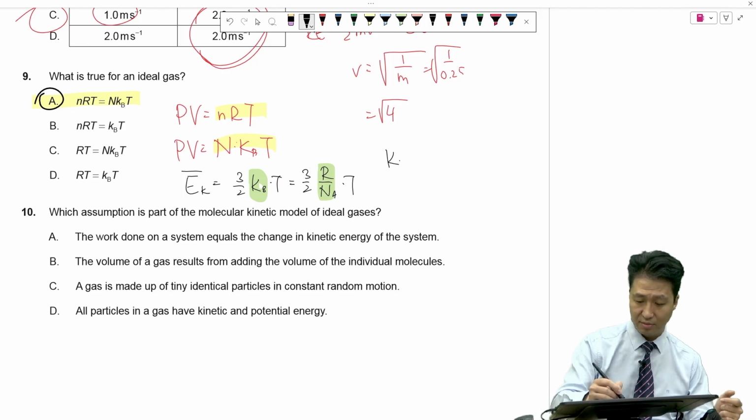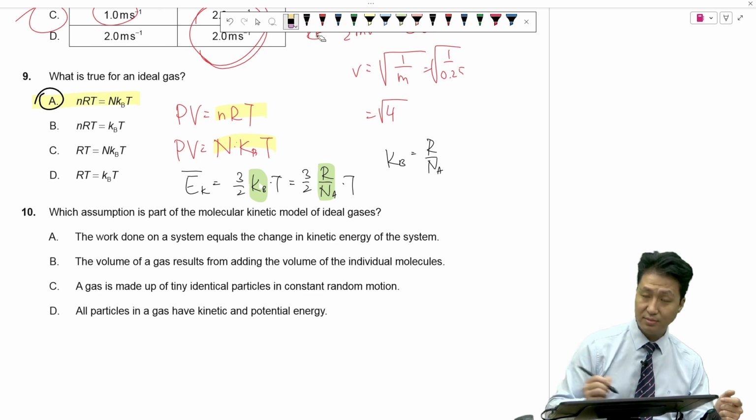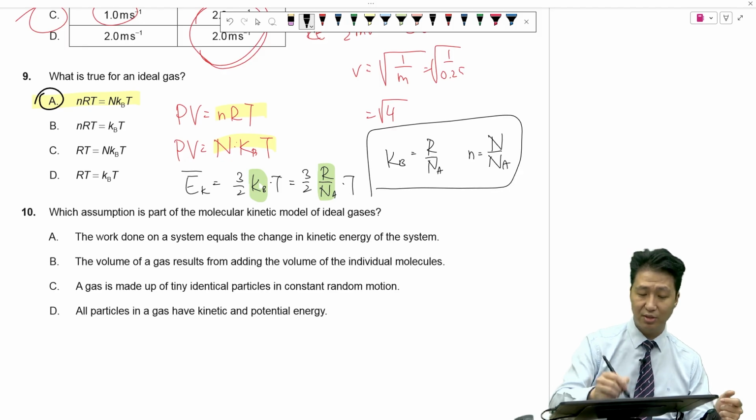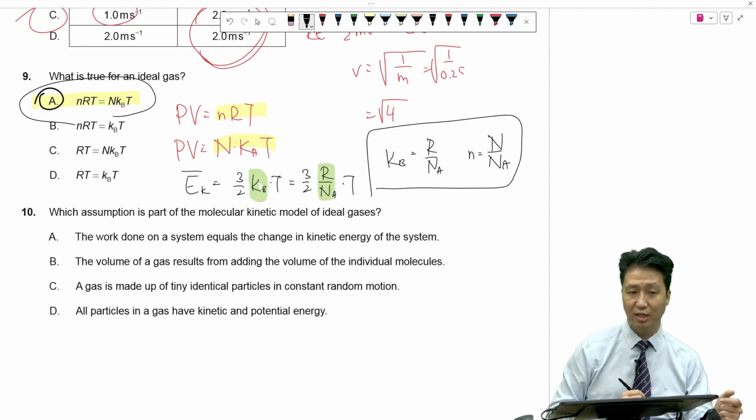So Boltzmann constant is equal to gas constant over Avogadro's number. The temperature on both sides doesn't really matter too much, so I'm not going to write that part. But last part here, you should also add to this that the number of moles, according to the physics booklet, is the number of molecules divided by Avogadro's number. Combining these two equations should still give you the same result, A.